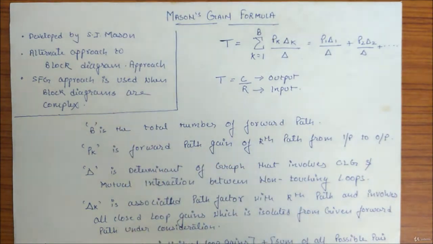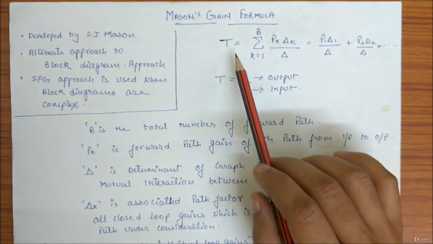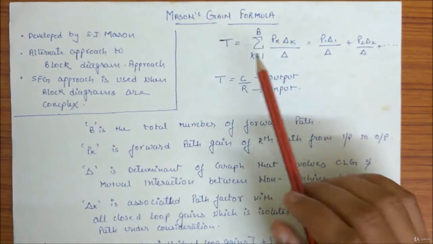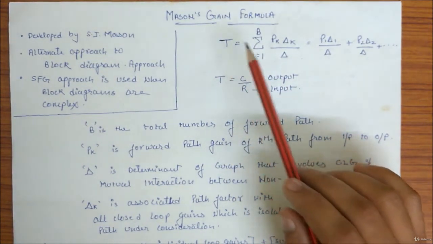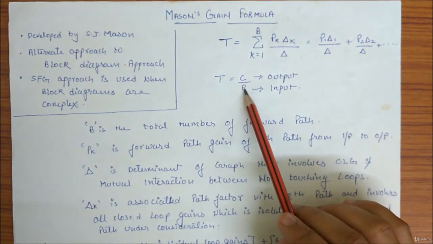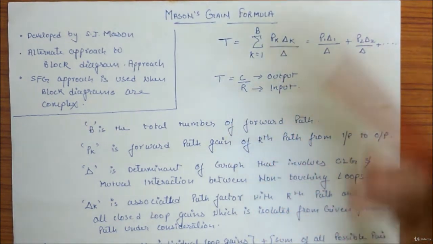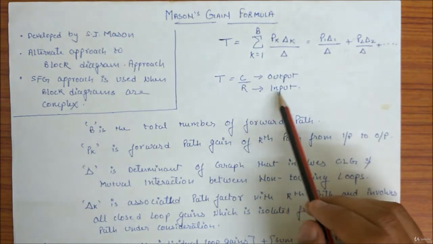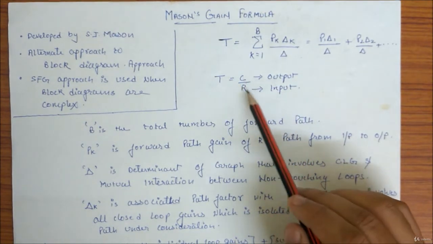This is the formula given by Mason, where T represents the transfer function. T is equal to C by R, where C is the output and R is the input. These variables can be anything.